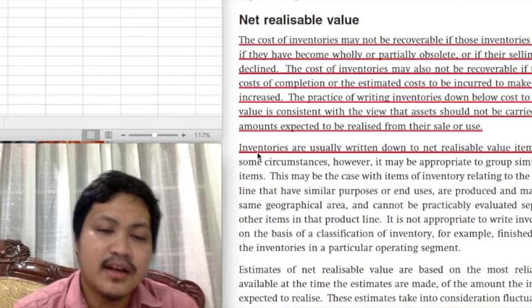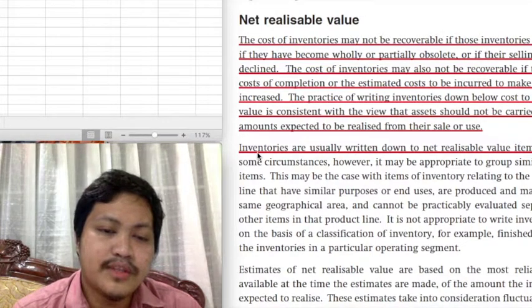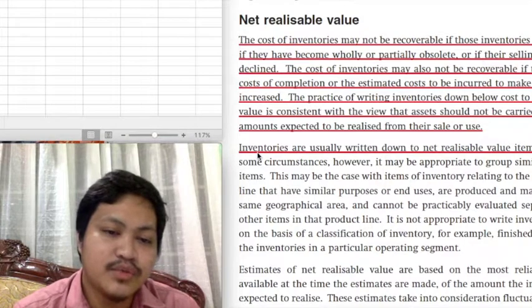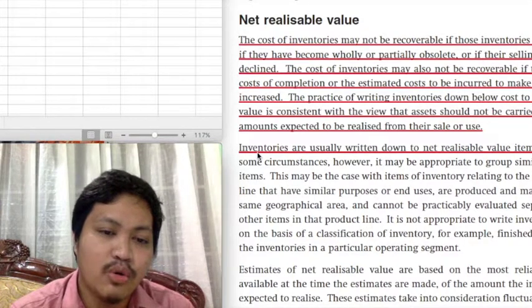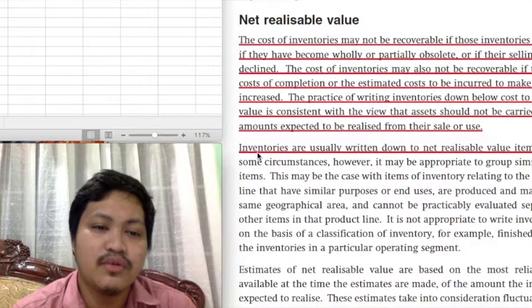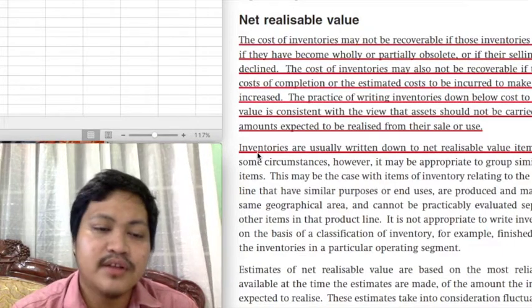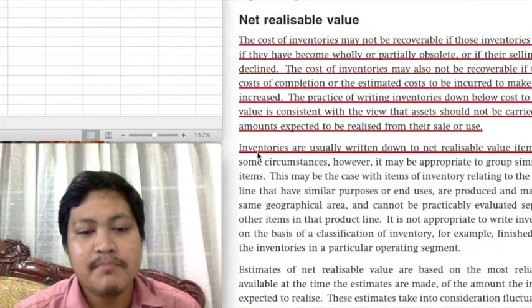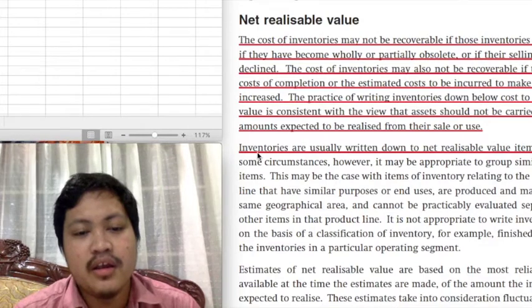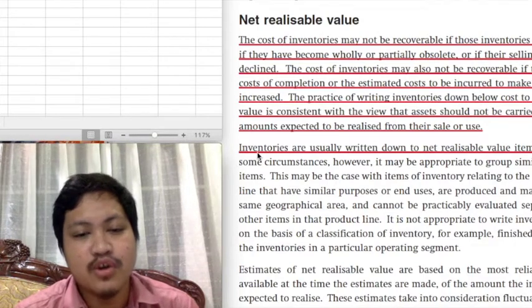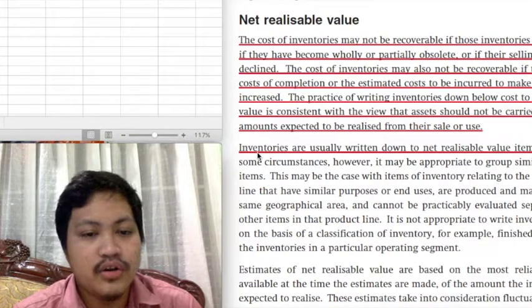So basically, class, the rule on subsequent measurement for inventories, which is LCNRV or lower of cost and net realizable value, is just an observance of the rule on impairment, wherein if ever the recoverable amount is lower than the cost, you abandon the cost.